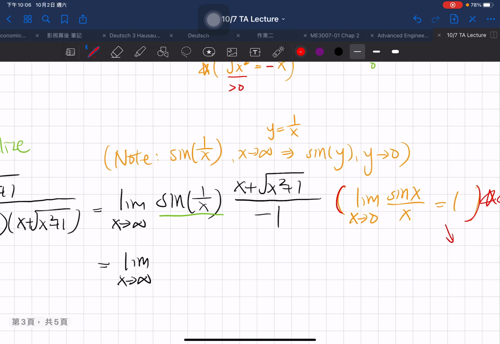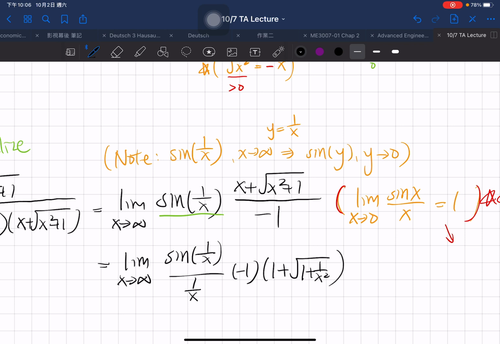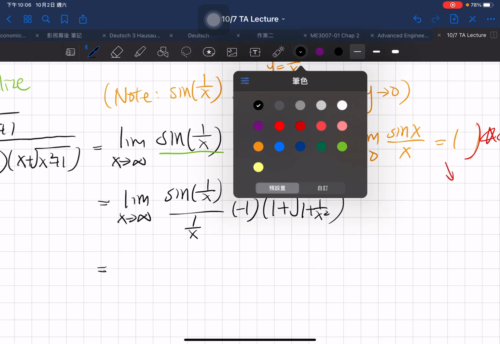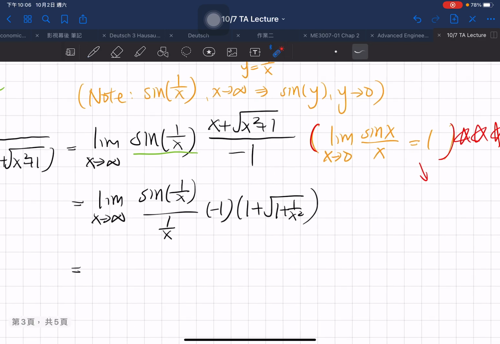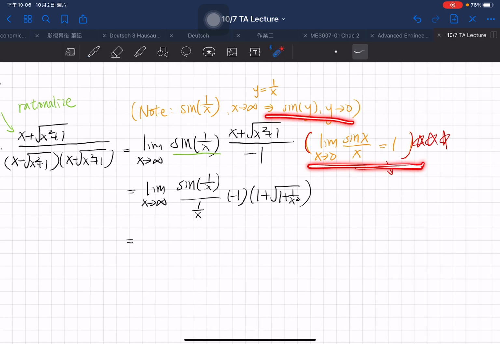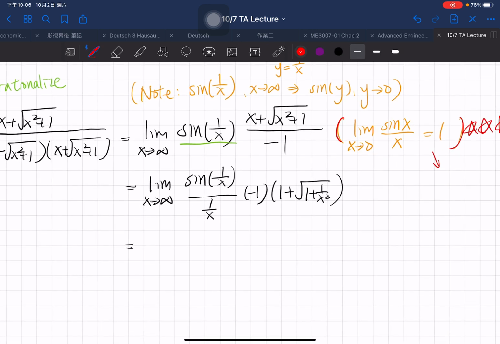Okay. So what we first do is make a 1 over x in the denominator. Here is a minus 1, and I get 1 plus the square root, right? So this is what I got. By using this, we can turn it into, let's say, y equal to 1 over x.